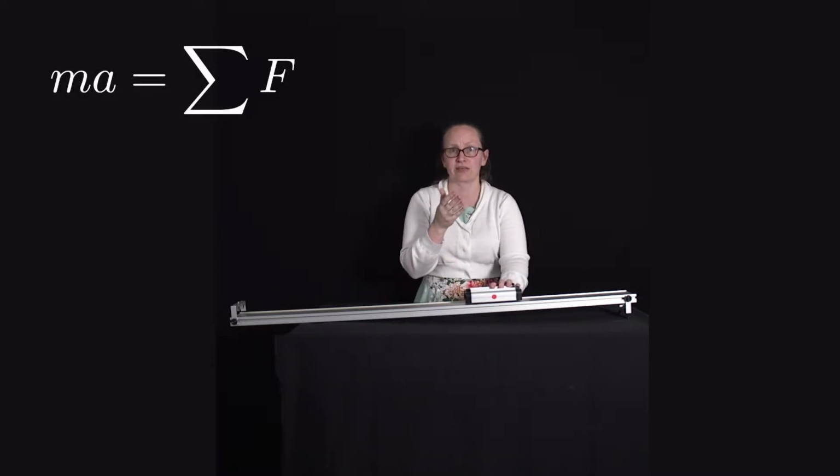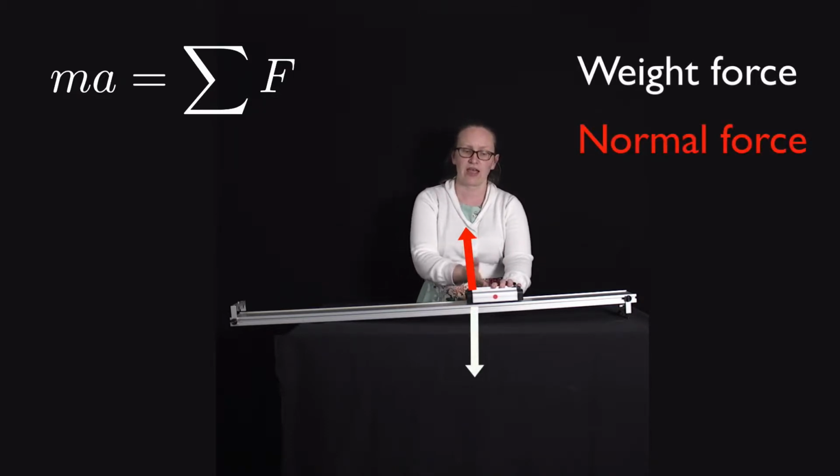So we can actually calculate what this acceleration is. The acceleration is due to the resultant force. That's just from Newton's second law, which tells us that the mass times the acceleration is equal to the sum of the forces, which in this case is the weight force, which is vertically downwards, and the normal force, which is perpendicular to the plane and upwards.